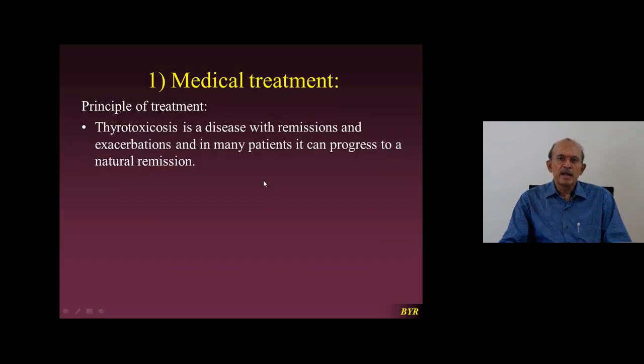In any antigen antibody reaction, initially the organ becomes hypervascular and shows the features of inflammatory reaction. After a few years or few months, this antigen antibody reaction will ultimately result in death of tissue or necrosis of the tissue. Whenever the death of follicles occurs, they will be replaced by fibrous tissue.